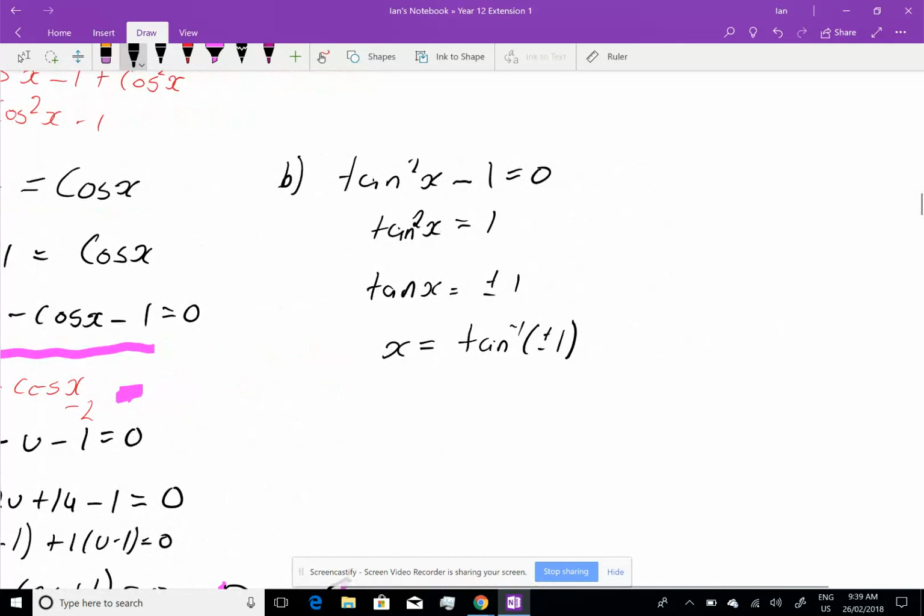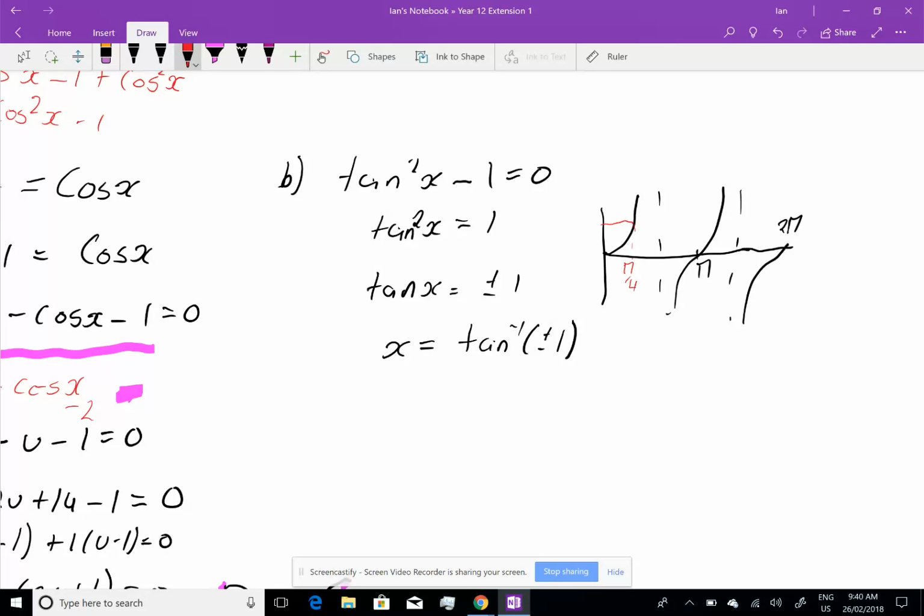Now if I think about the curve of tan x, there's my 2 pi, there's my pi. I know that if I go inverse tan of 1, that's 45 degrees. So if I do 1 here, that's going to be pi on 4.